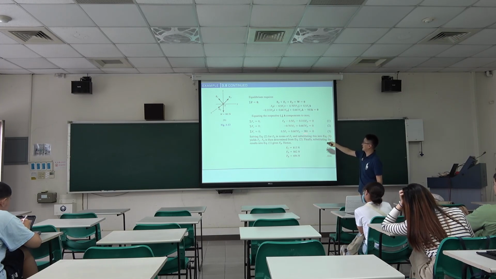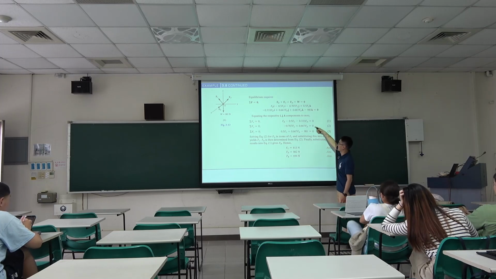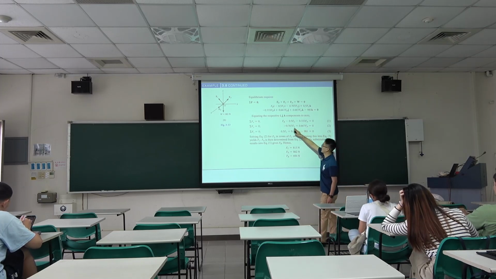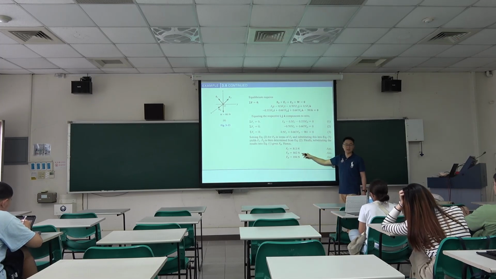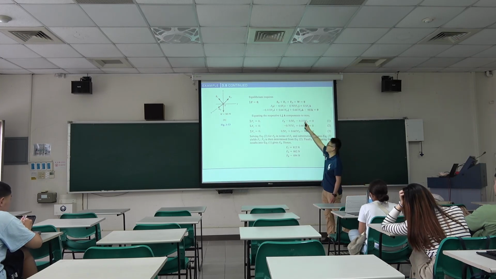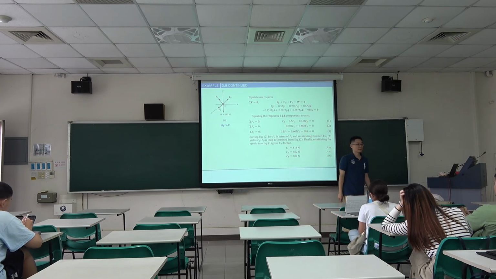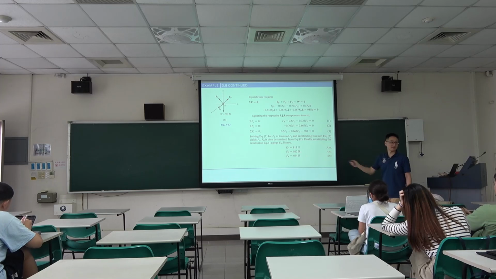Based on the information, we use these two first, because these two only have two unknown parameters. So we can work out FC and FD first. Then we put FC and FD into the first one, so we can work out FB. Clear?